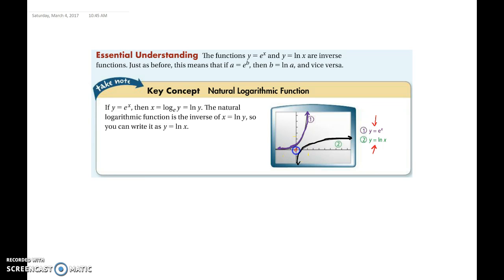And also they will be reflected about the line y is equal to x if we were to graph that. So they still hold all the same traits that an exponential does with logarithms that we've discussed in detail. But now natural logarithms go specifically with our exponential that has a base of e.